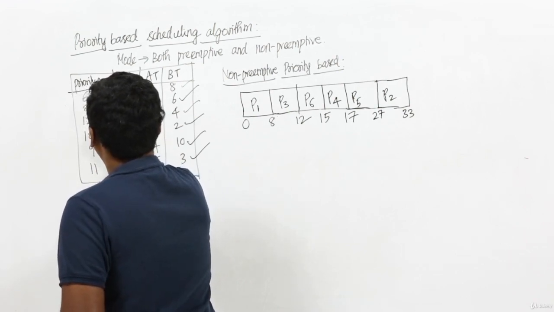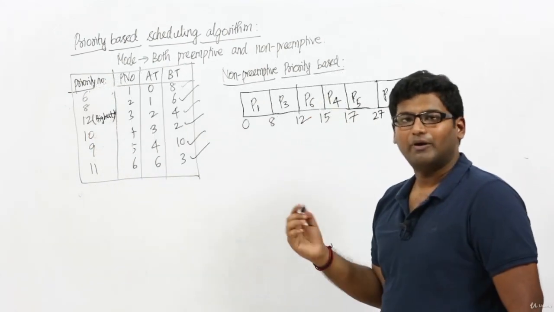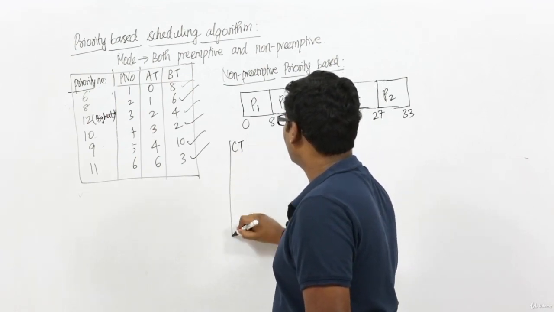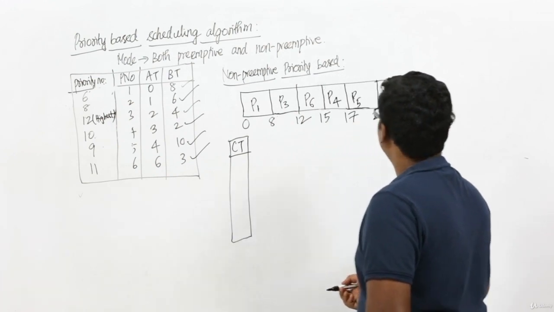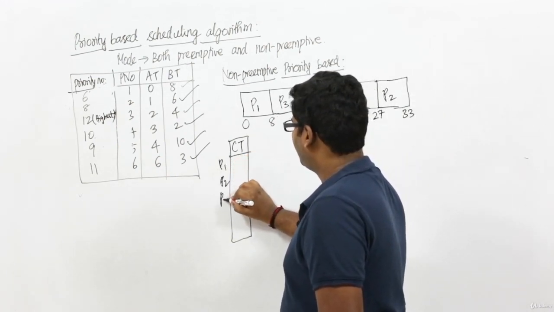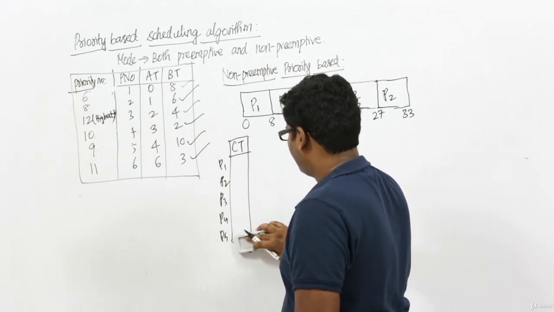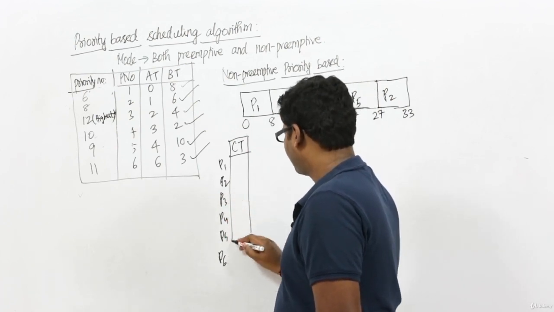Now we shall compute the completion time, turnaround time, waiting time and all this. It is very straightforward, but anyway let's solve it one more time. This is P1, P2, P3, P4, P5, and we also have P6, right? 1 2 3 4 5 6.